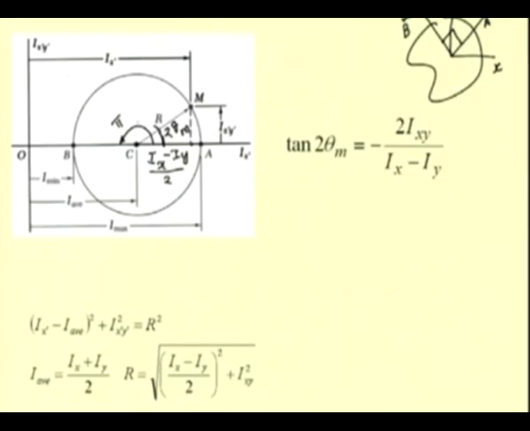From this we know that this is twice the angle between the principal axes, and that is why we say that if the angle between two axes is theta, then the points on this circle are at an angular displacement of 2 theta.